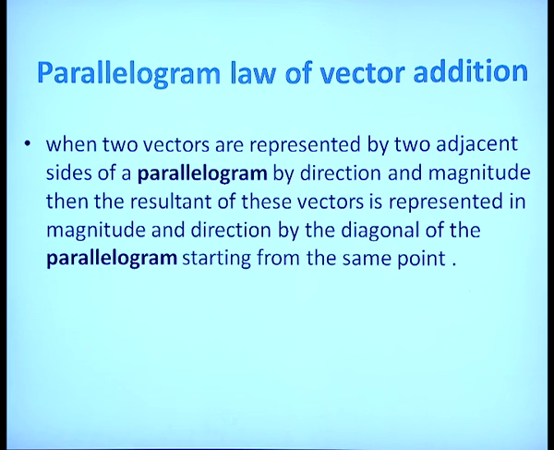When two vectors are represented by two adjacent sides of a parallelogram by direction and magnitude, then the resultant of these vectors is represented in magnitude and direction by the diagonal of the parallelogram starting from the same point.